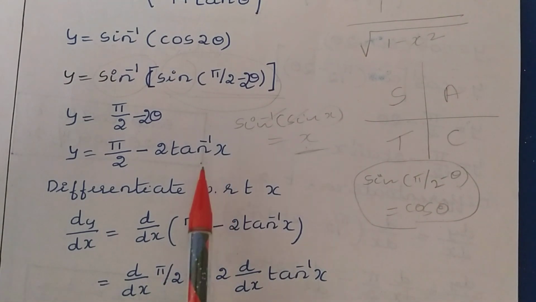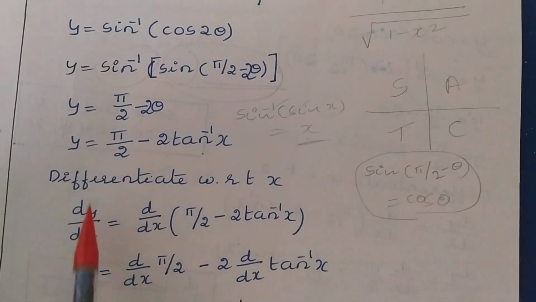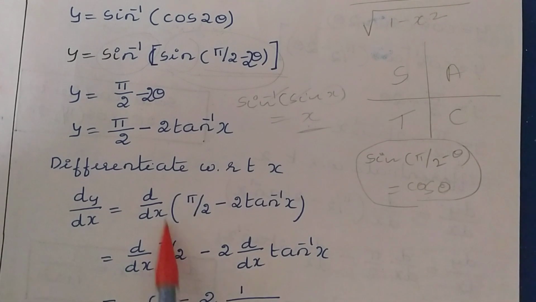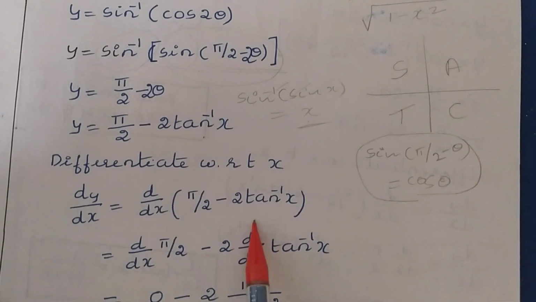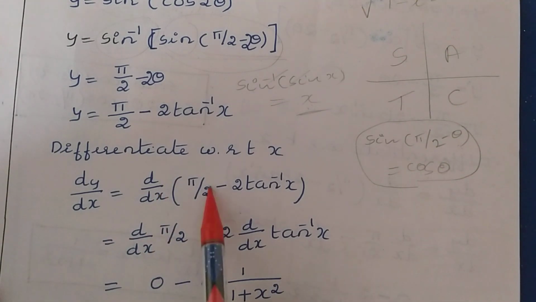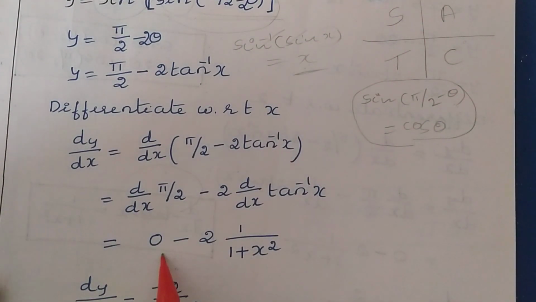Now you differentiate this with respect to x. So we get dy by dx is equal to d by dx of (pi by 2 minus 2 tan inverse x). d by dx of pi by 2, this is a constant, so this is equivalent to 0.